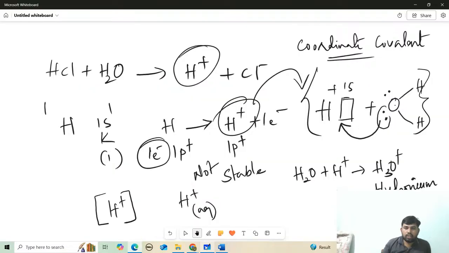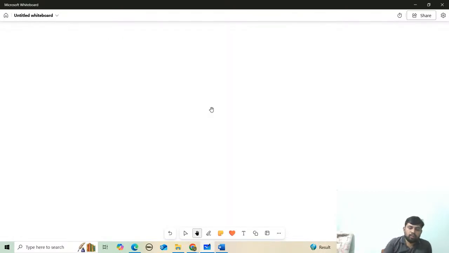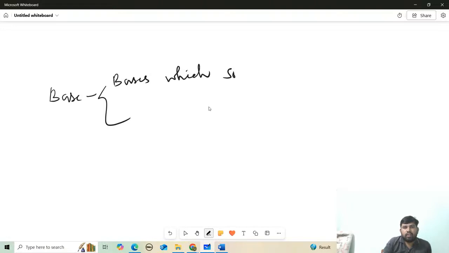Here one more thing: there are two types of bases. What are those, sir? Suppose we have bases, which will produce OH minus ions. Some kinds of bases are soluble in water.